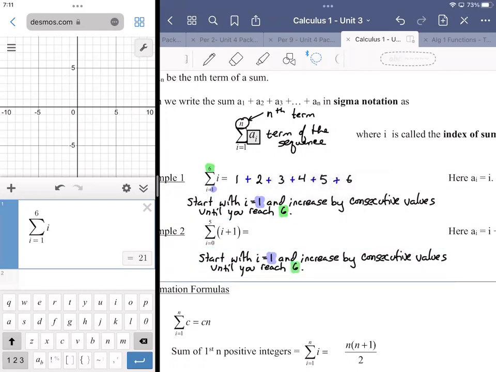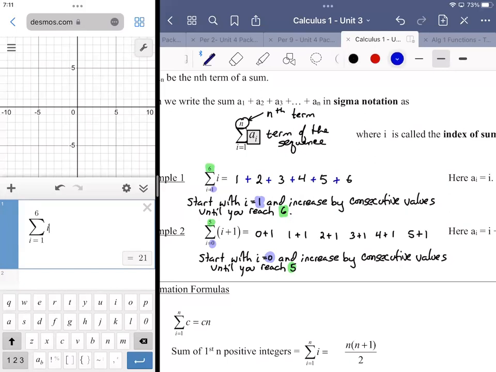Start with 0 and increase until you reach a value of 5, again by substituting in for I. So I'd replace the I with a 0, so 0 plus 1, an I with a 1, 1 plus 1, 2 plus 1, 3 plus 1, 4 plus 1, 5 plus 1.